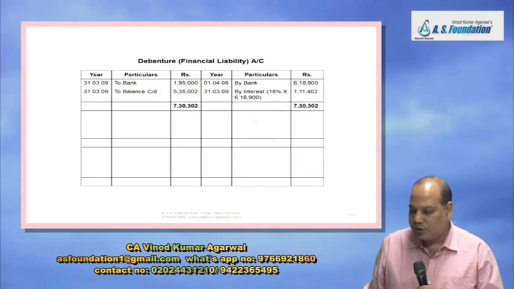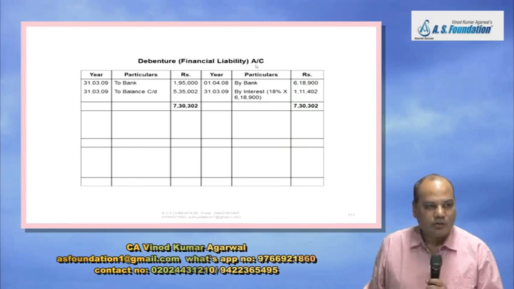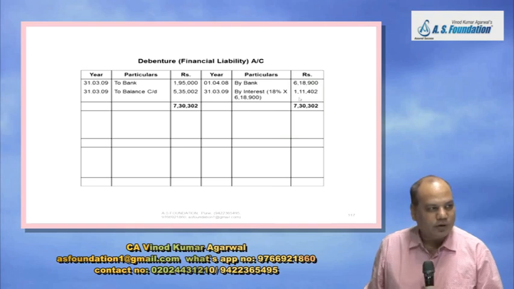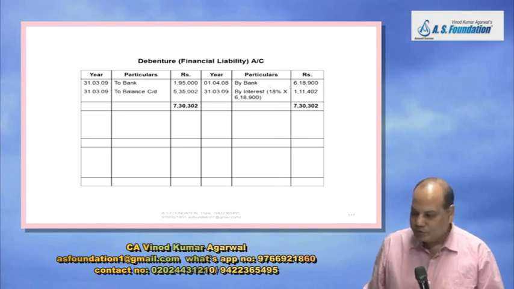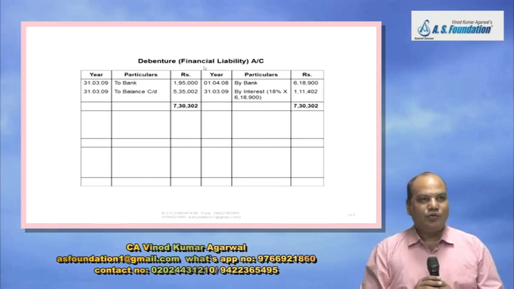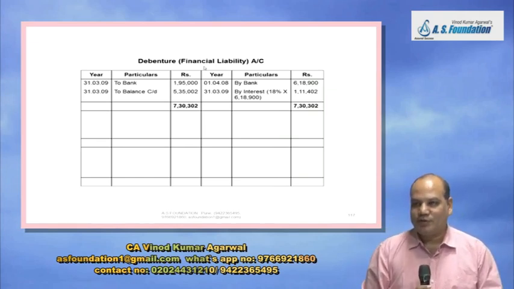Now we are going to prepare the debenture financial liability account. Start. According to your notebook, you have to move forward. First you write down debenture financial liability for 5 years, which means you will require around 25 lines.